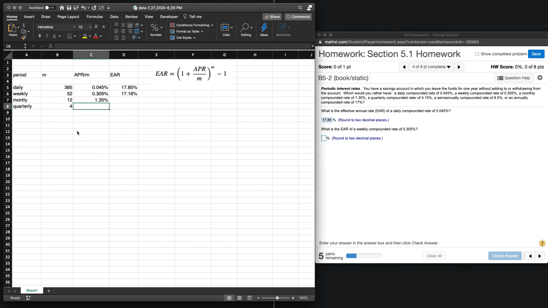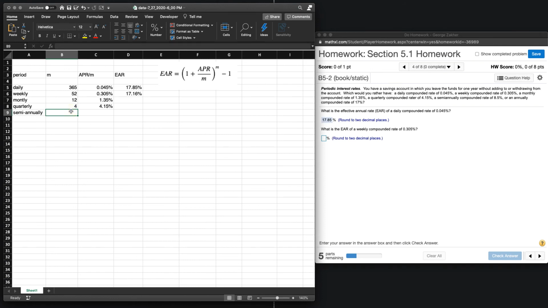And semi-annually, so that's going to be twice. And our rate gets a little bit higher. Okay, and ultimately we're just comparing rates. And finally, annually, okay, so that's always just be 1 time per year. I have 17%.